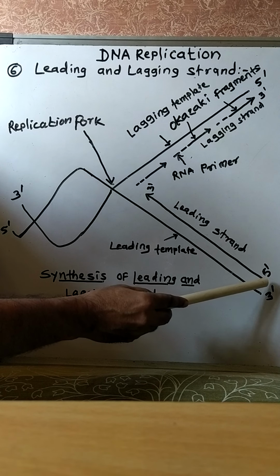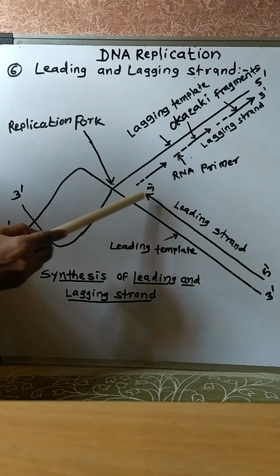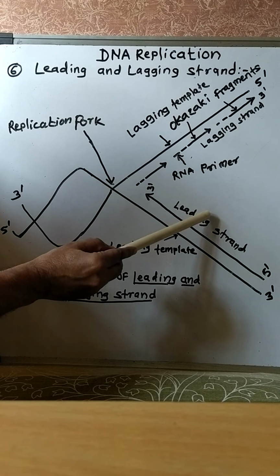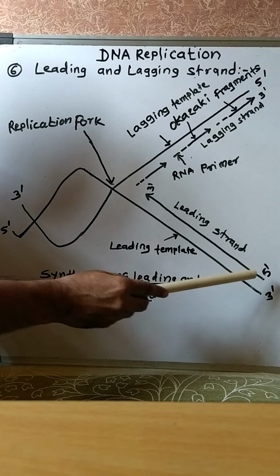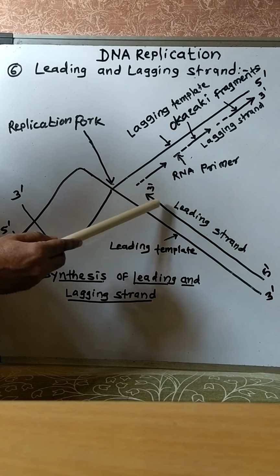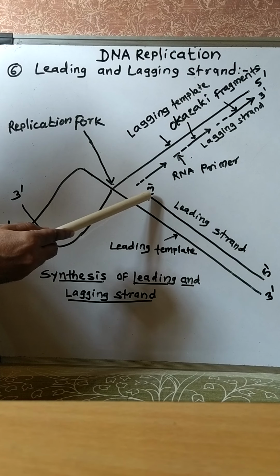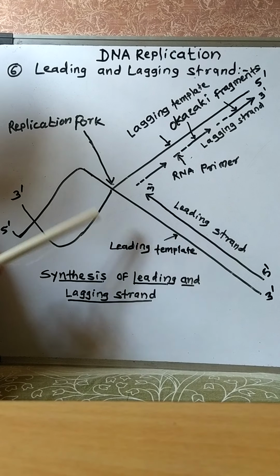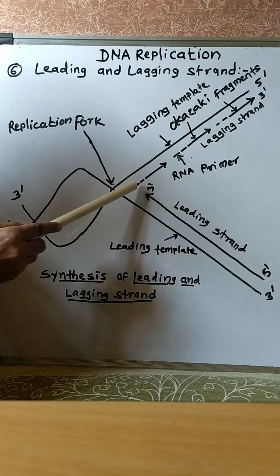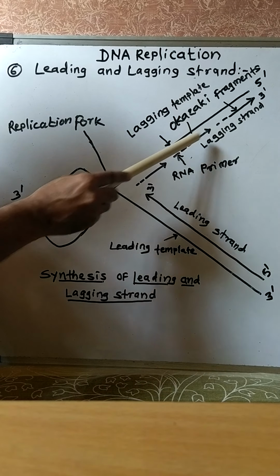Of the two newly synthesized DNA strands, the strand which is continuously formed towards the Y-shape replicating fork is known as the leading strand, because synthesis of this new daughter strand is continuous. The other strand is also synthesized in 5' to 3' direction, but its synthesis is not continuous.